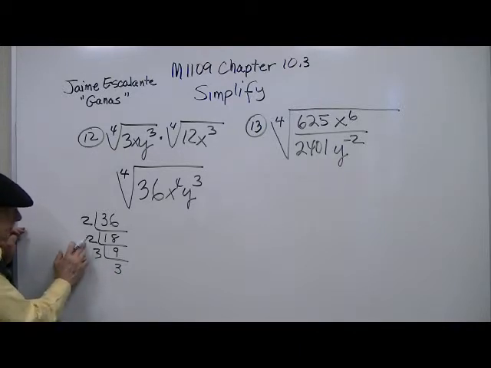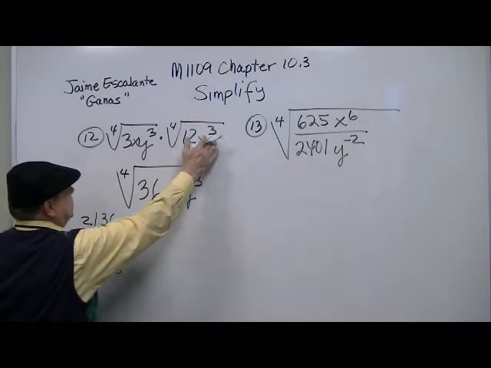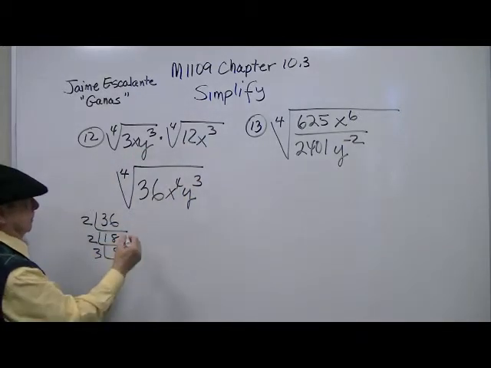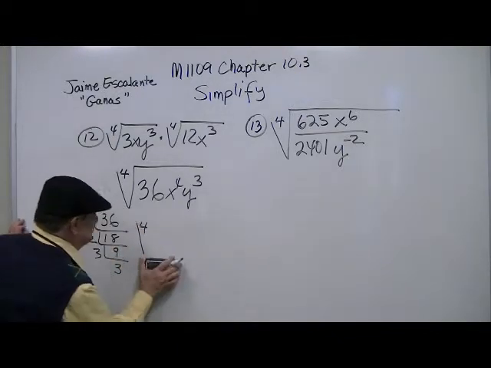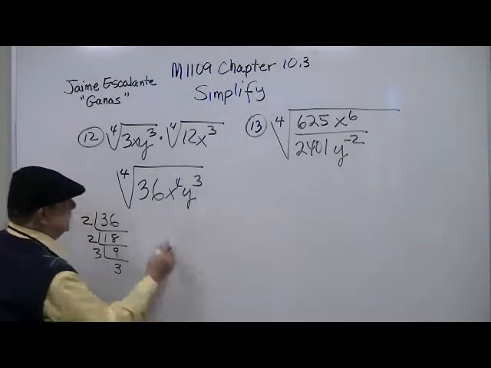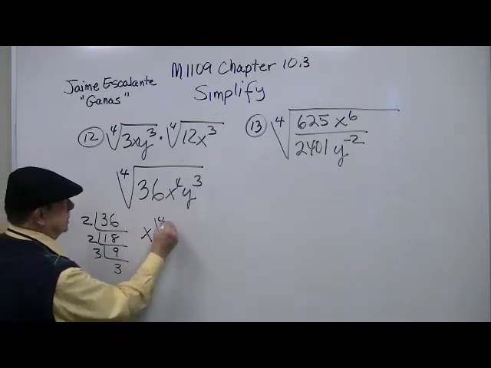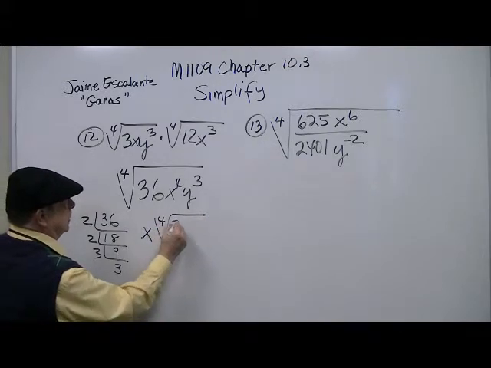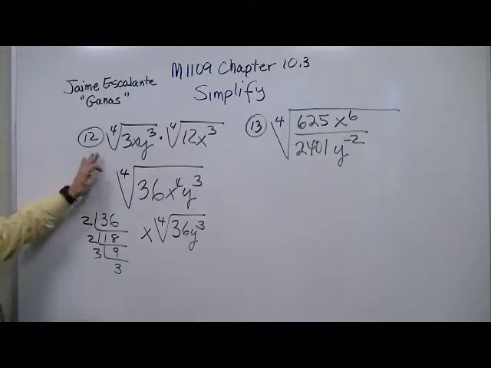And there's a 2 times 2 times 3 times 3, but there's no perfect fourth. But there is one in y to the fourth. So this is going to become the fourth root. Well, let's take out what we can first. X, then the fourth root of 36 y to the third. Now I made a little error when I copied the problem down, but that's a good example anyway.